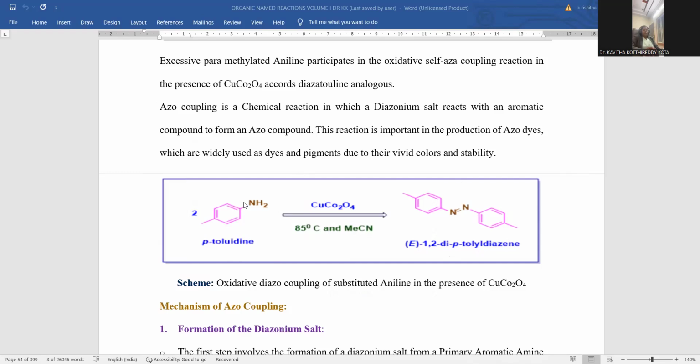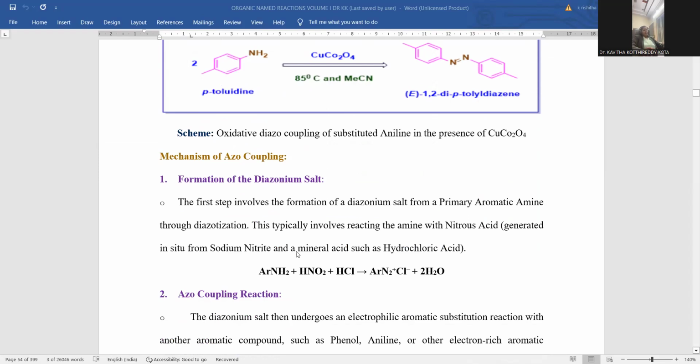If you are taking 2 moles of an aniline compound with a methyl substitution, simply said to be paratoluidine, and paratoluidine, if added, is able to be converted first into benzene diazonium salt, subsequently treated with aniline. Subsequently, it is converted into a diazo compound. Diazo compound formation is possible. This is the kind of application noticed for the final product formation.